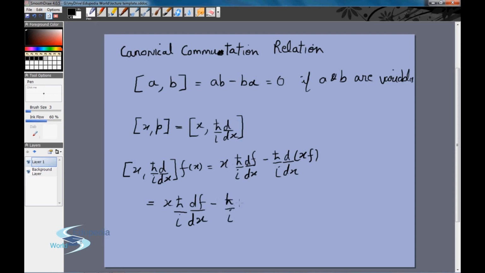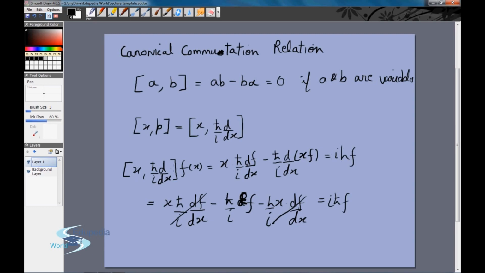Again we get ħ by i just f and then minus ħ by i x times df by dx. And obviously this term cancels with this term. ħ by i we can write it as minus i ħ, and the minus cancels with this. So this comes out to be i ħ f.